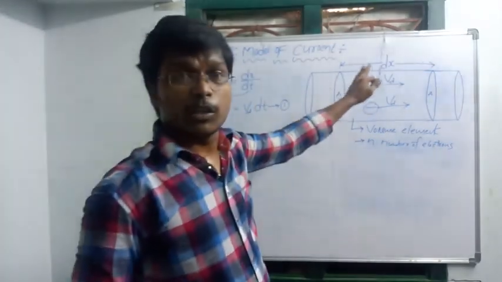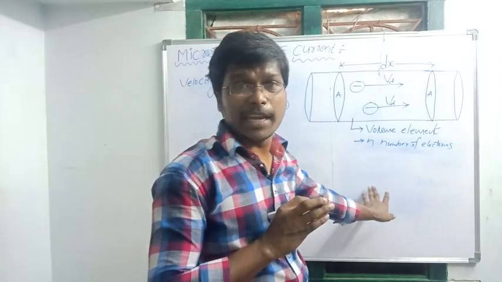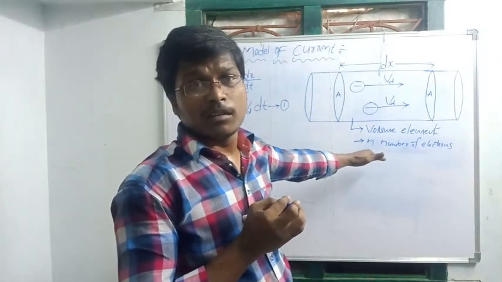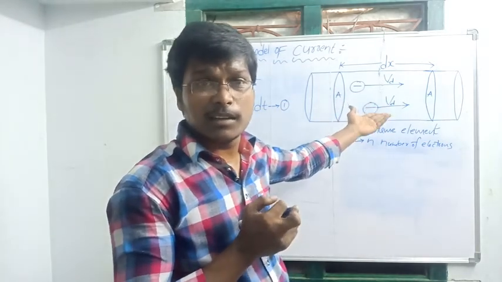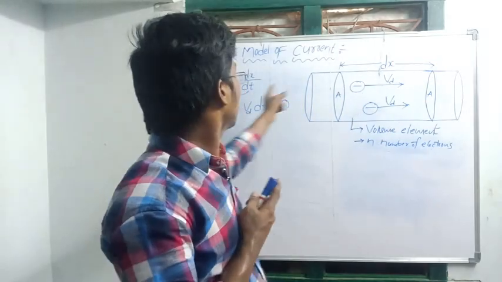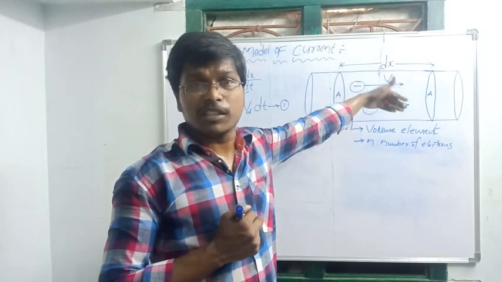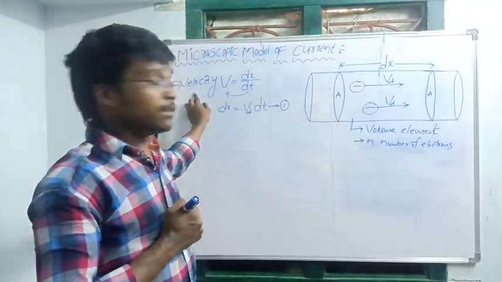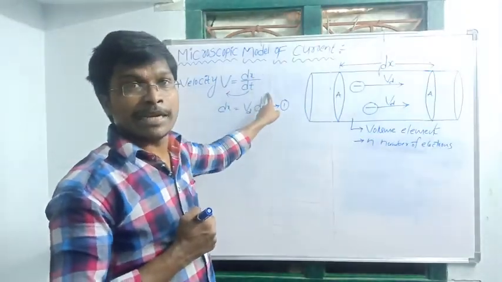The space between the two areas of cross section is the volume element. That volume element has n number of electrons. This n number of electrons is moving inside the conductor with a velocity v. So these electrons are moving with some velocity. From the definition of velocity, v is equal to dx by dt, displacement by time.